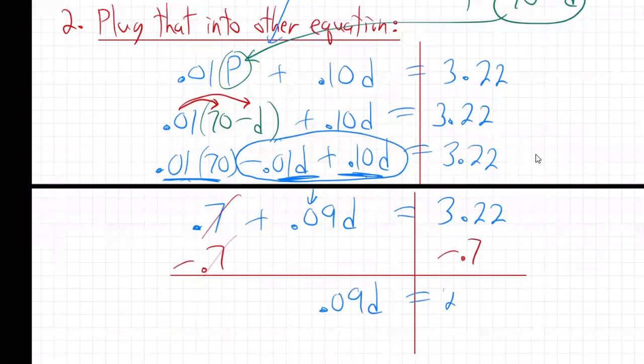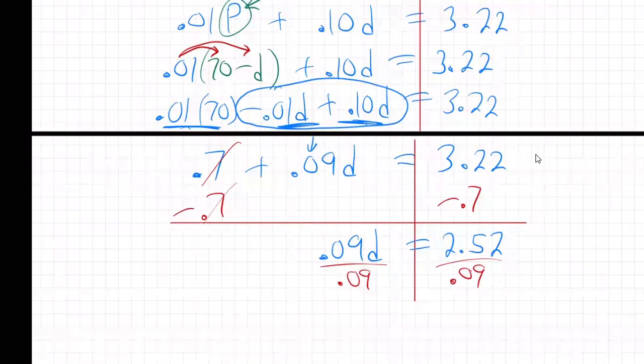I'm getting 2.52. And last step, divide by 0.09. Hopefully it'll come out clean. It does. So on my calculator, it just told me 28. Boom, 28. So D is 28.